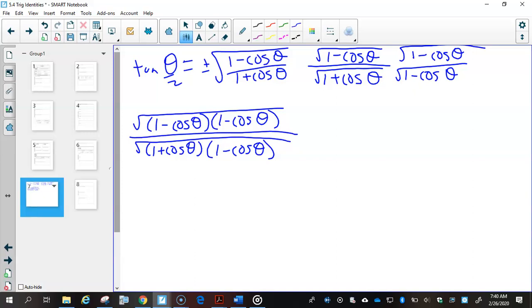And I could rewrite these by saying this is really the same thing twice. And I could distribute this because this is difference of squares, and I get 1 minus cosine squared.